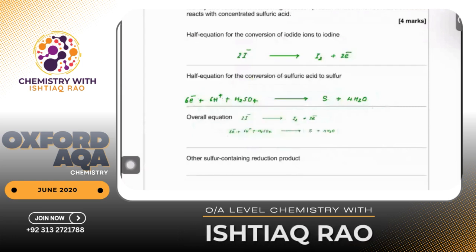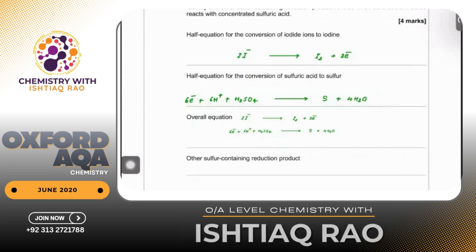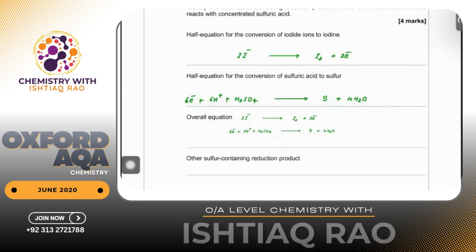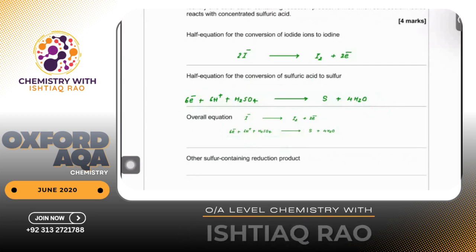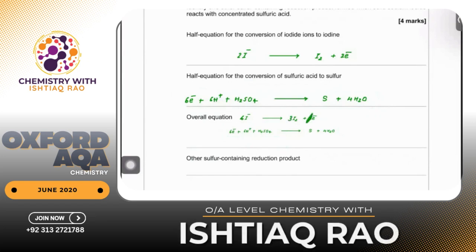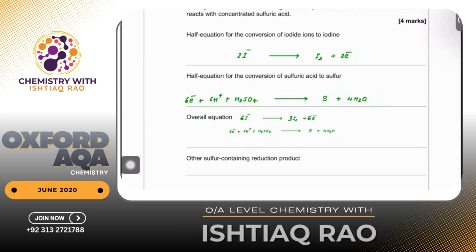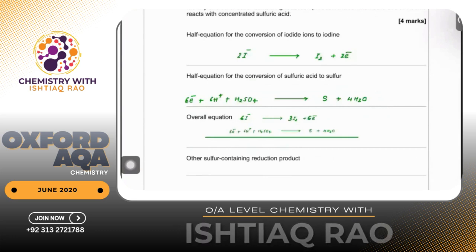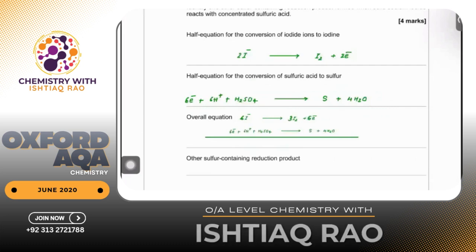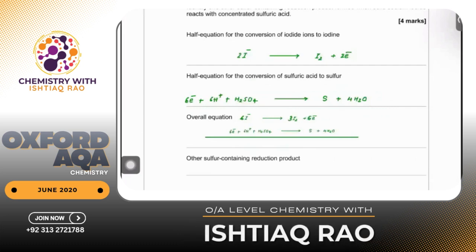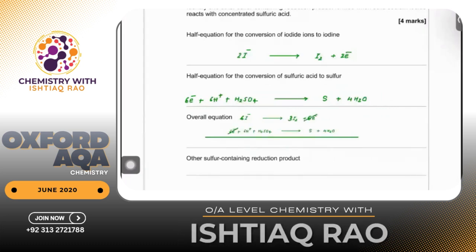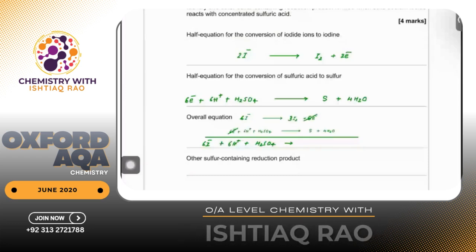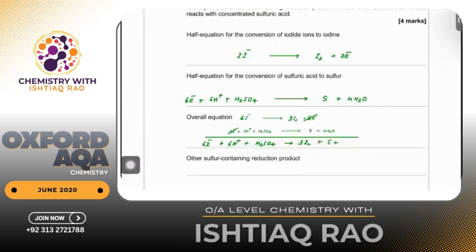So it should be 3I2, and again it's 6. So you're multiplying it by 3, not 2. 6I minus plus 6H plus, and 4H2O. Yes.